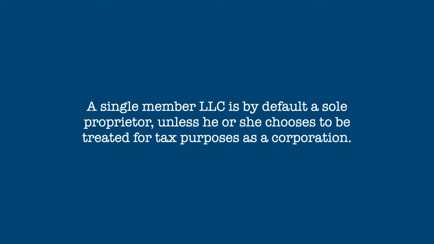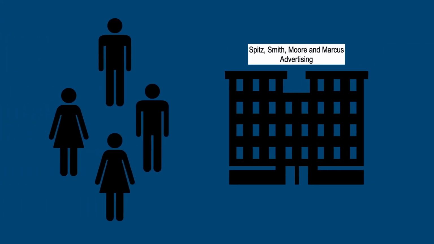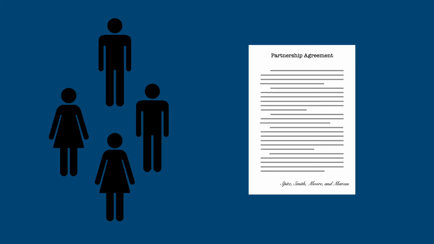as a corporation. When multiple people go into business together without some sort of corporate structure, they have formed a partnership. Partnerships often have formal partnership agreements, although it is not required by law to have one. A partnership files its own tax return on Form 1065.